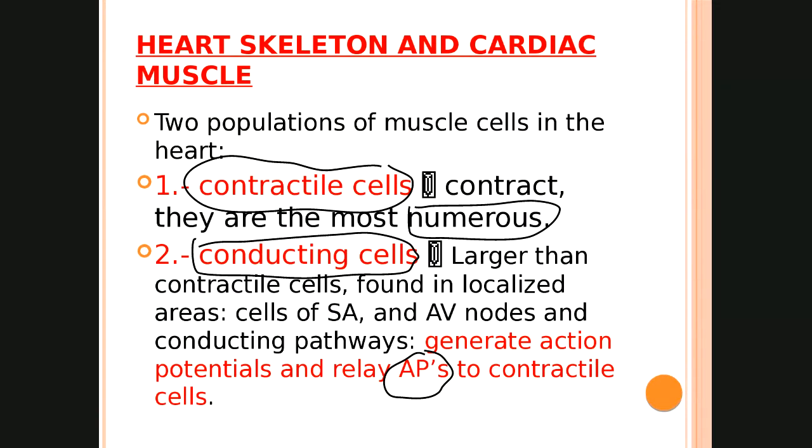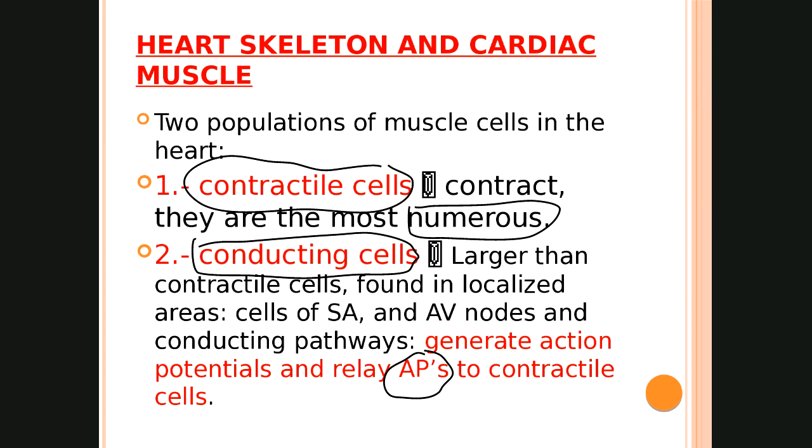Calcium ions will initiate contraction in the sarcomeres. This is what happens in a skeletal muscle. This muscle is dependent on the nervous system for its contraction. In contrast, cardiac muscle does not depend on the nervous system for contraction.